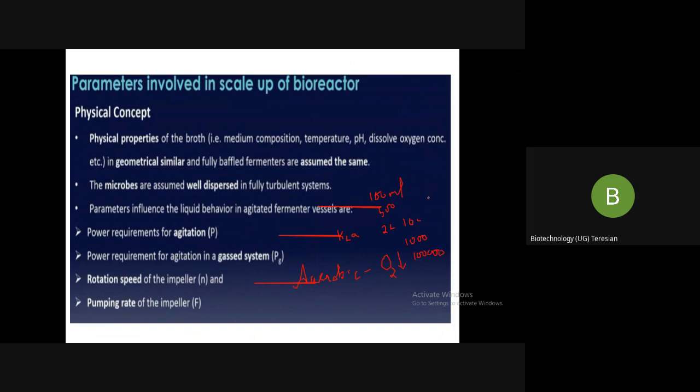As I told you, the purpose of the scale up in the pilot plant allows the investigation of the product and the process. That is, your pilot scale is acting as an intermediate scale between the lab scale and the commercial scale.